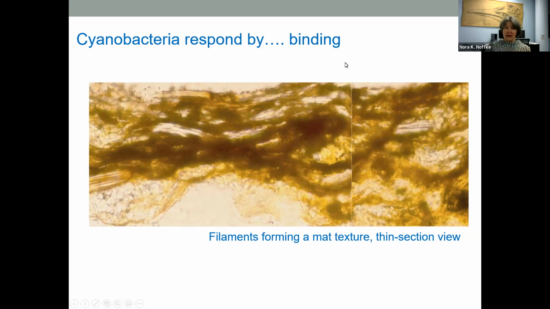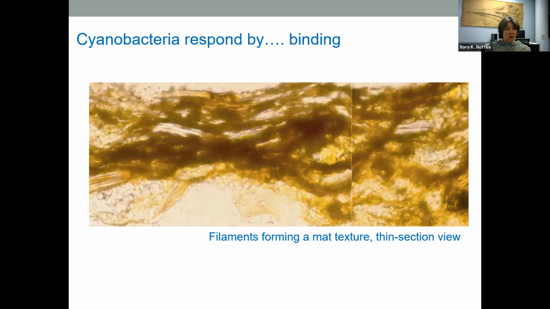So the first step, binding, is that microorganisms move actively through a sediment. They communicate with each other to form a very coherent microbial network. That's the formation of a biofilm, which is a highly constructed microbial community where each member depends on the next.